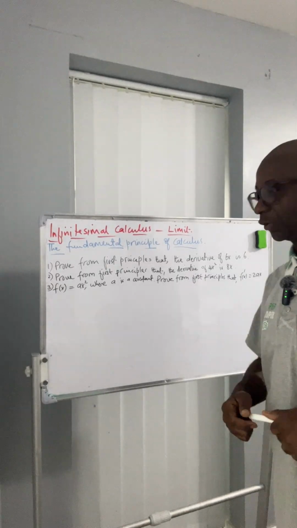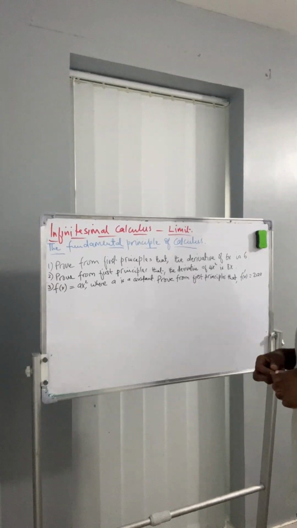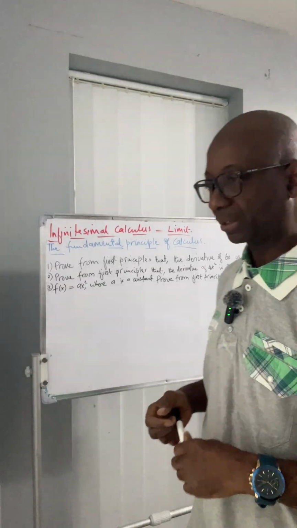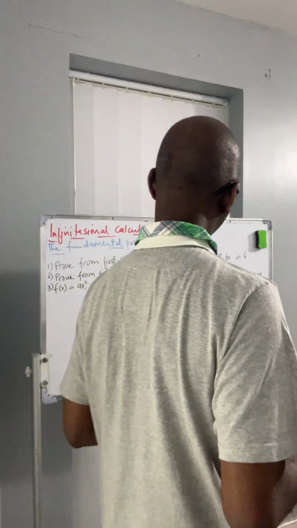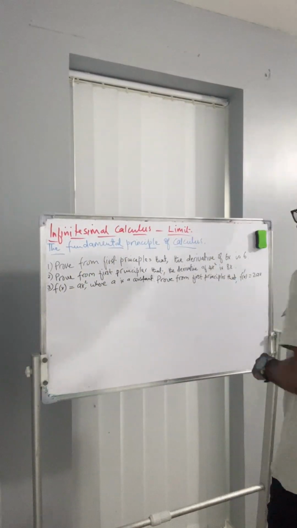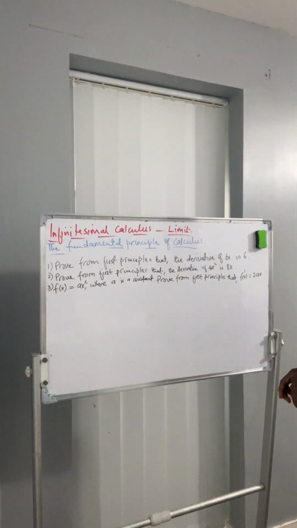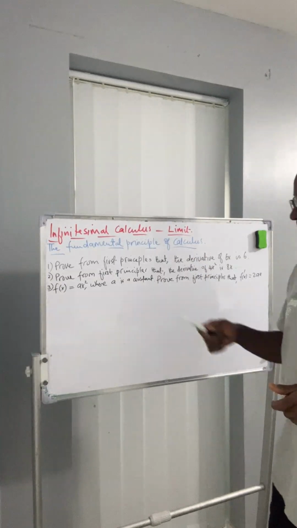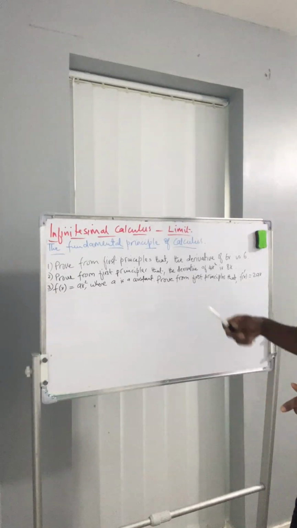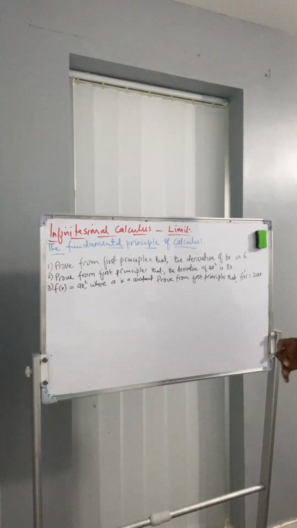We continue to solve problems on the infinitesimal calculus. We are looking here at limits. As we stated in one of our previous videos, this idea of limit is the backbone of calculus.